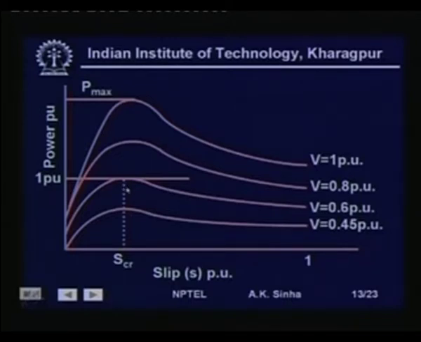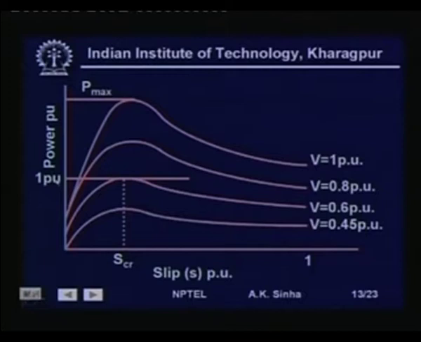So, what is going to happen? If the voltage goes below 0.6 per unit for this machine, when the load remains at 1 per unit, then we find that there is no point of intersection between the constant power 1 per unit load and the power speed characteristics of the machine.